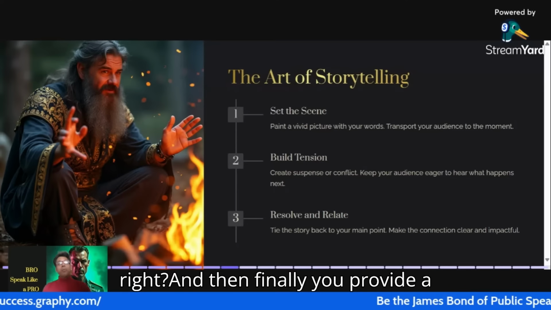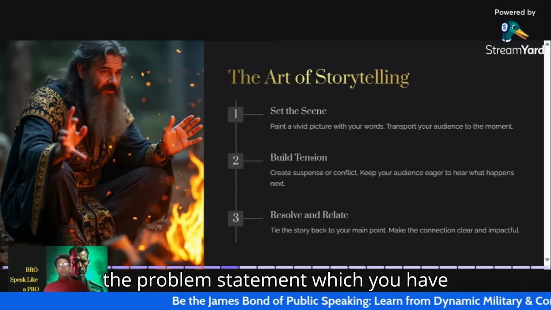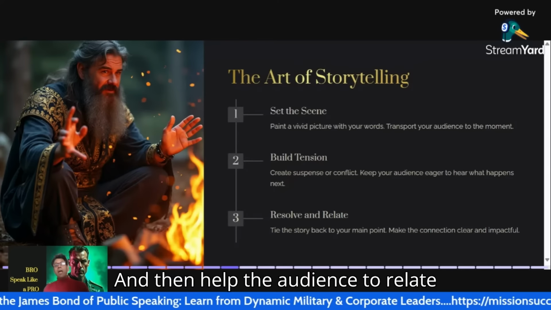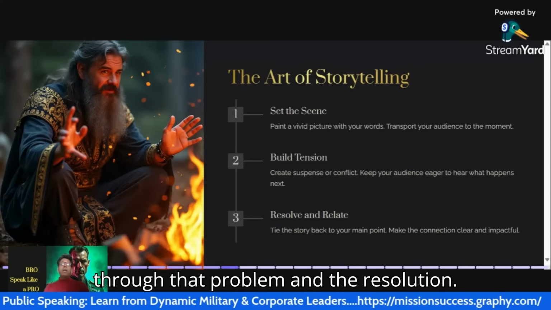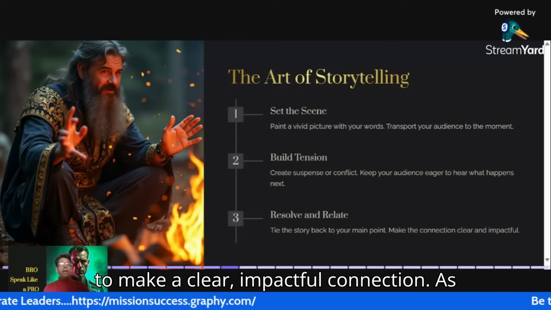And then finally you provide a solution to that particular tension or the problem statement which you have created in your story. So resolve it and then help the audience to relate to that problem and the resolution. So tie the story back to your main point to make a clear, impactful connection.